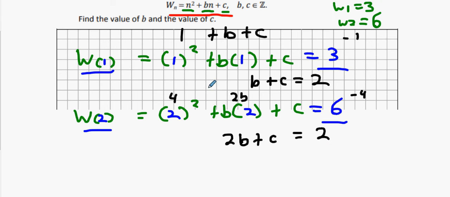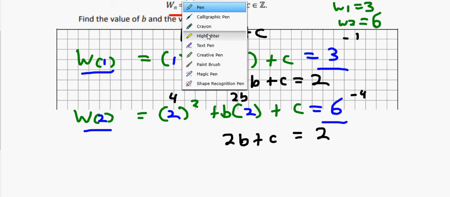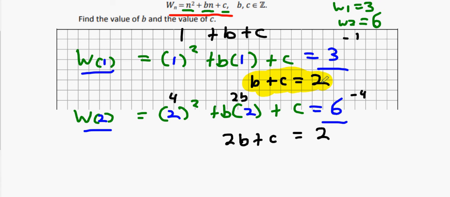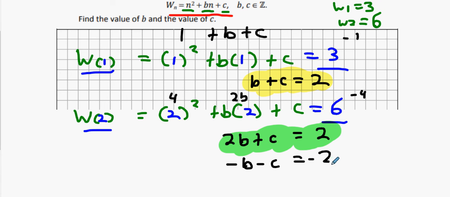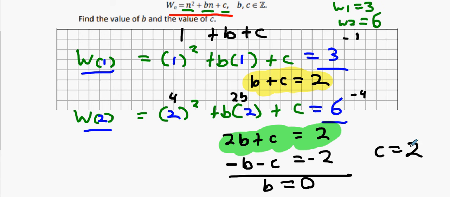Yep. So all of a sudden, you got yourself a simultaneous equation. I'm going to multiply the yellow equation by minus 1. I'm going to find out that b actually equals 0. Because b equals 0, I then know that c must equal 2.